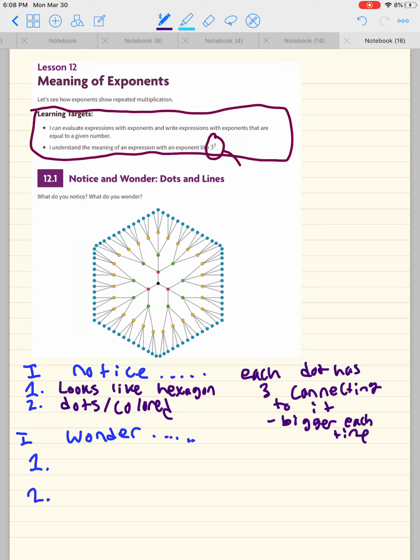Okay, you could wonder how many would be in the next layer. You could have wondered, why is it doing this, or why this pattern?